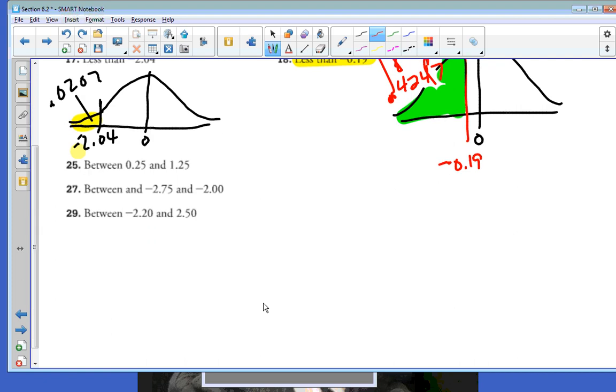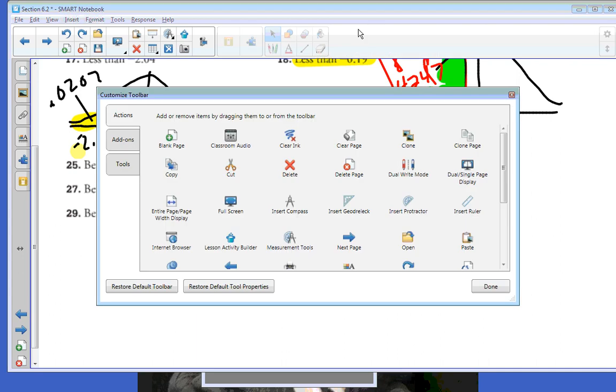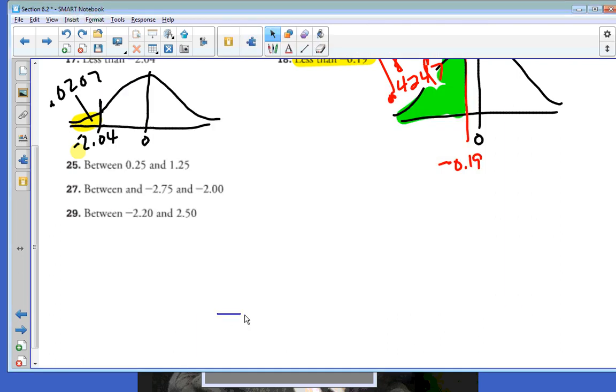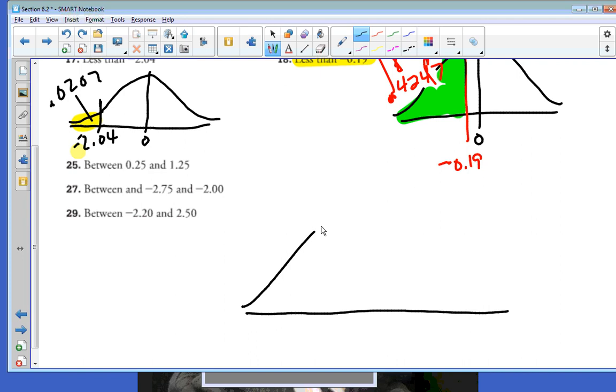Let's do at least one more of these. Let's do number 29. Just draw my curve. That's 0. And I want to be between negative 2.2 and positive 2.5.